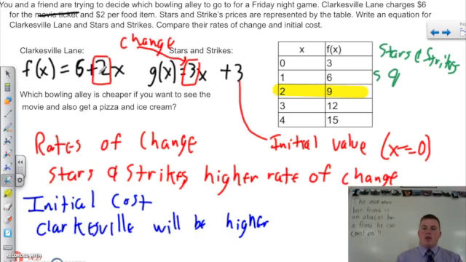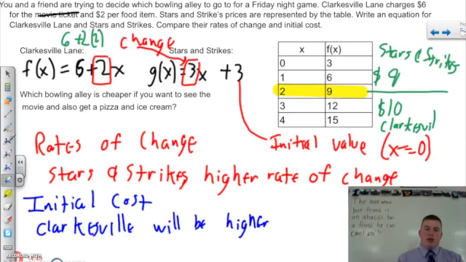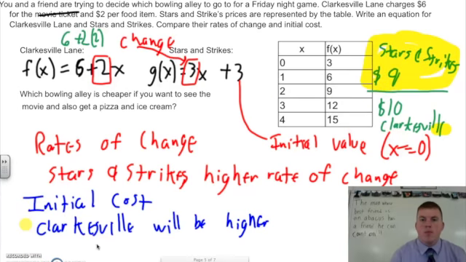At Clarksville, we would have to plug in the 2 here. So we would do 6 plus 2 times 2. 2 times 2 is 4, and 6 plus 4 is $10. So at Clarksville, we would be paying $1 more. So our answer as to which one is cheaper would be Stars and Strikes.